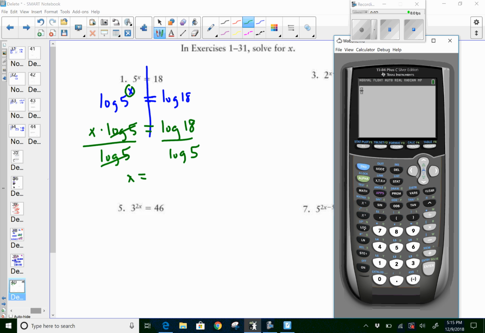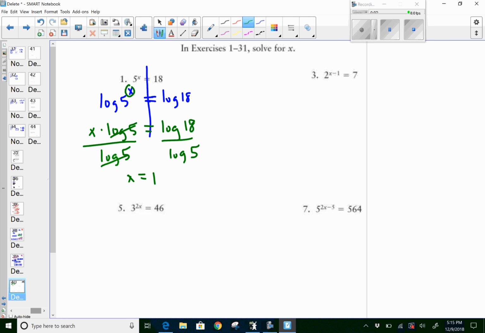Log 18, I don't have a base, so I'm just going to use this log because it's one less step. 18 close parentheses, and on the bottom I have log of 5, so log of 5 close parentheses. I'm going to hit enter, so this is my answer. It's going to be 1.79, which is about 1.8.